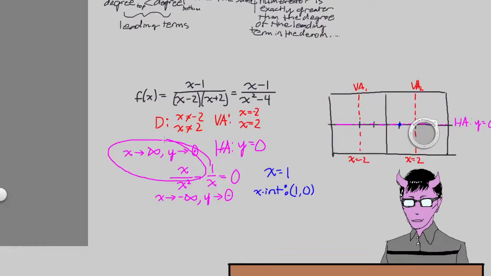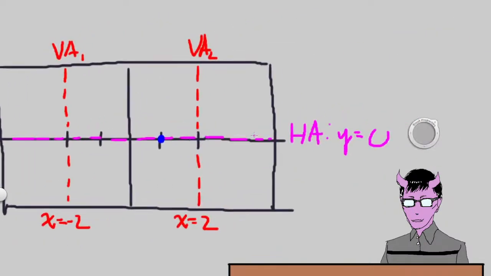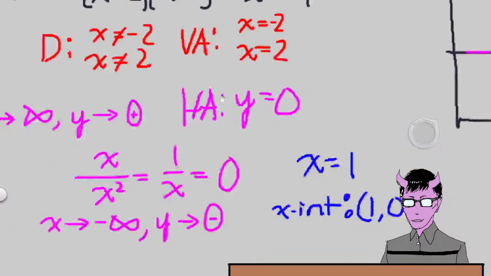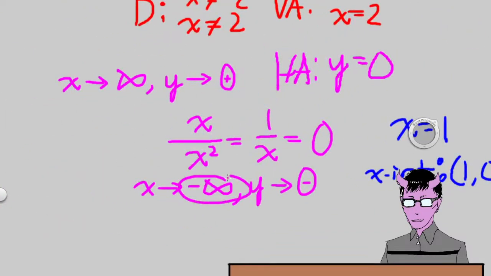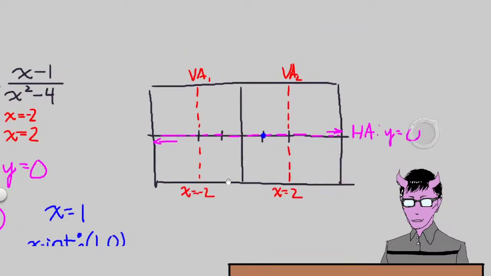Okay, and again, using this idea, as x becomes larger and larger, y becomes almost 0, but it's still a positive number. So to the right-hand side, we are above the x-axis. And then as x approaches a large negative value, y values approach 0, but it's a negative value, so we're under the x-axis, under the horizontal asymptote.